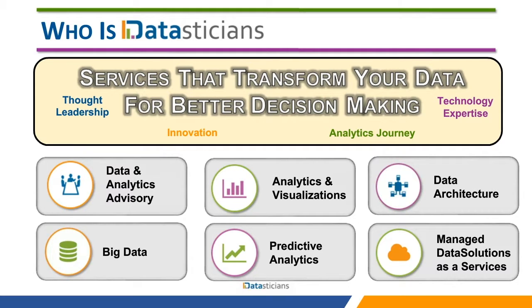Innovation in terms of building out new types of solutions that customers have not even thought through in their use cases. We obviously provide technology expertise as we are a services provider. We have many technologies that we support, obviously with Looker. And the last one is really around the analytics journey, and I'll talk a little bit more about that in the next slide, just so you understand what that means.